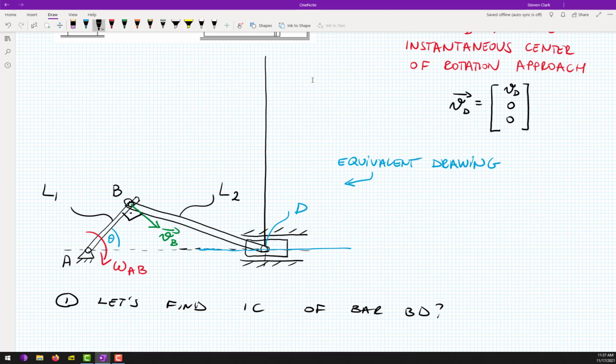Okay, so to find the next line, I must extend AB. Here.